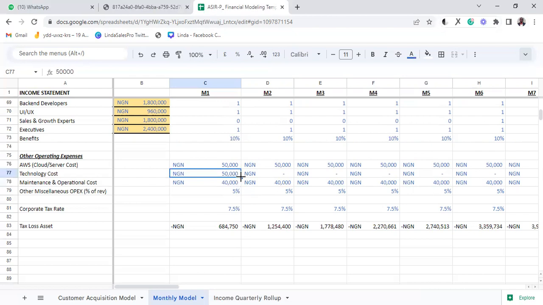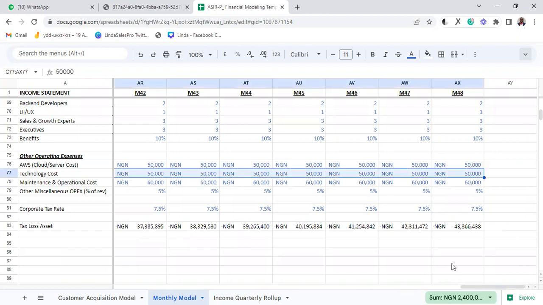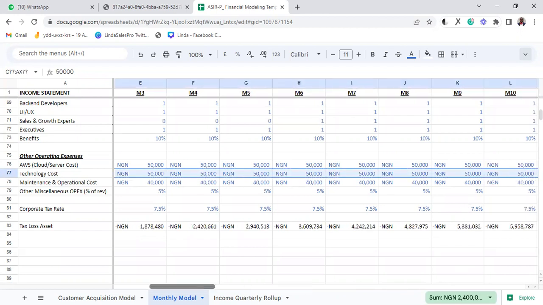Some people might be spending $5,000, $10,000, $50,000, as the case may be. If you're using dollars, you will need to change the Naira sign to dollars and pass your dollar equivalent.